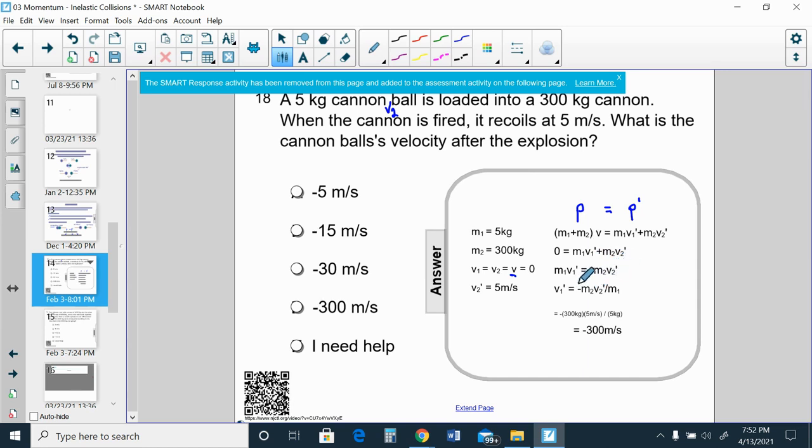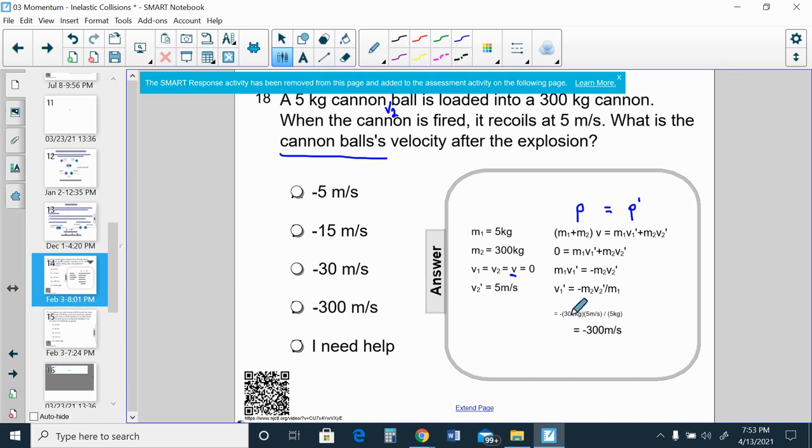You want to solve for the velocity of object 1. So with the cannonball here, we're calling that object 1 since we established that the cannon is going to be object 2. So to solve for object 1, v sub 1 will be equal to negative m sub 2 v sub 2 divided by the mass of object 1.